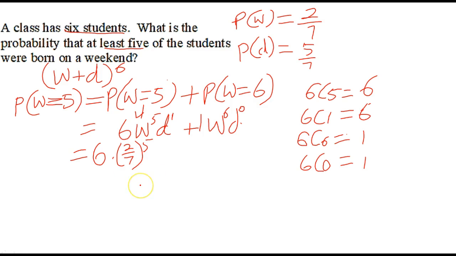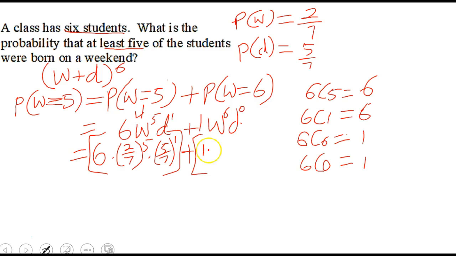And then times the probability of weekday, which is 5/7, again to the power 1. Okay, plus. So this is like one bunch here and one bunch here. Put the plus, and then times 1 times the probability of weekend, 2/7 to the power 6, and anything to the power 0 is 1, so times 1.